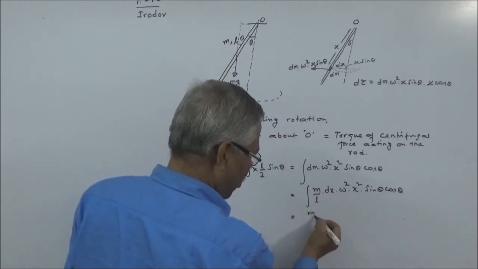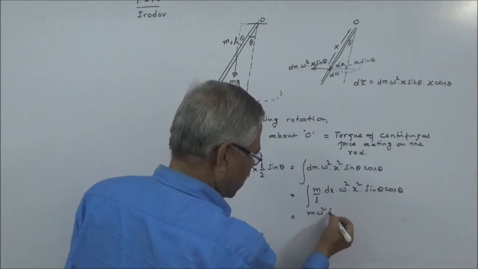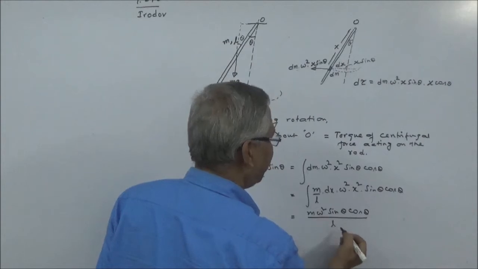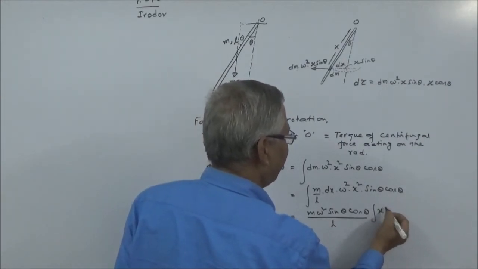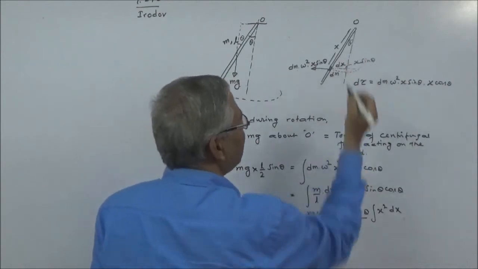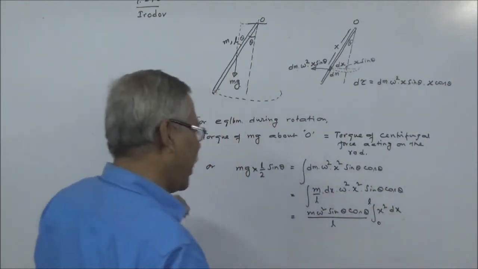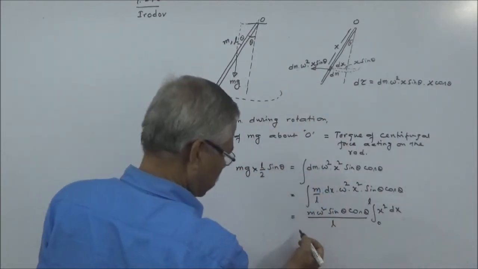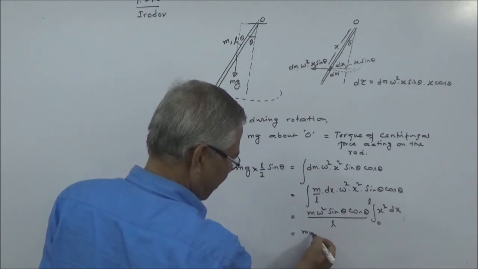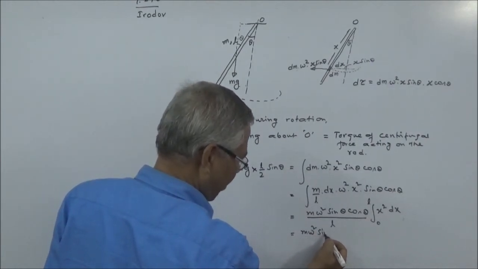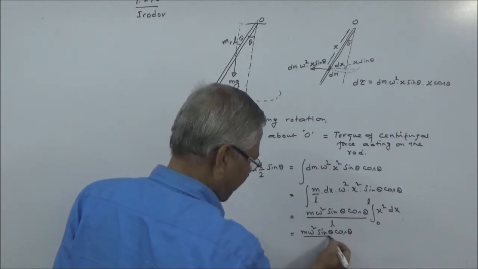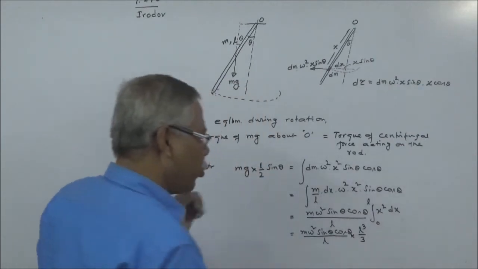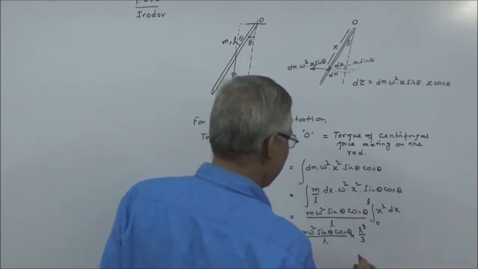Here m, omega square, sin theta cos theta are constants, so it is m omega square sin theta cos theta by L, integration of x square dx, with x from 0 to L, which equals m omega square sin theta cos theta by L into L cube by 3.